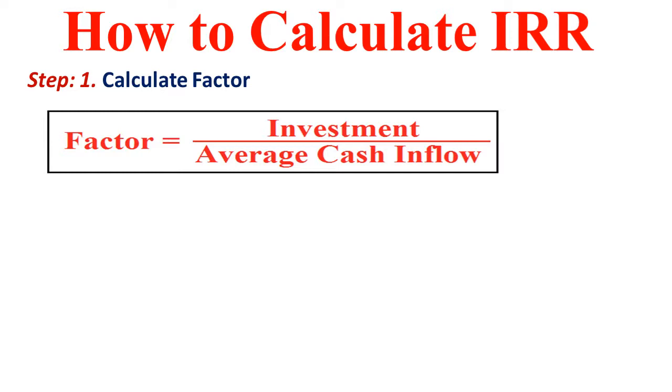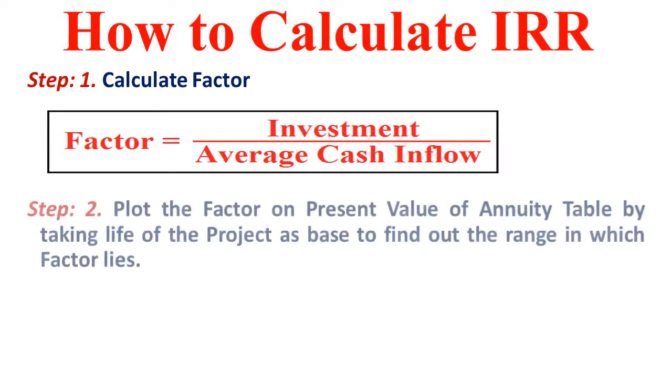What you have to do, step 2, you have to plot this factor value in the present value of annuity table, by taking the life of the project as base. Suppose the project life is 4 years, you take the 4 years as base and try to locate this factor in a certain range of percentage.